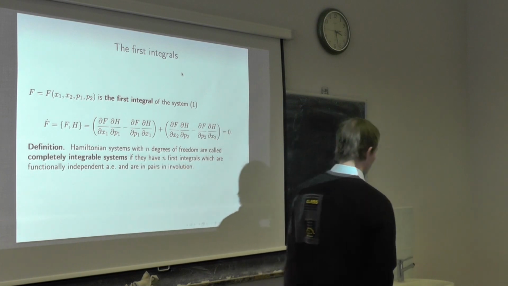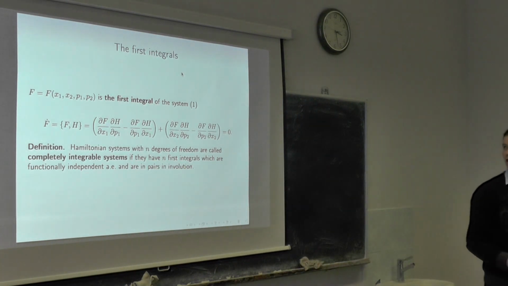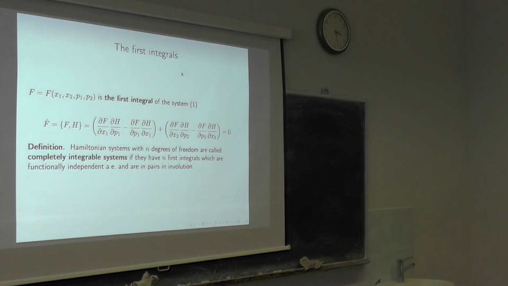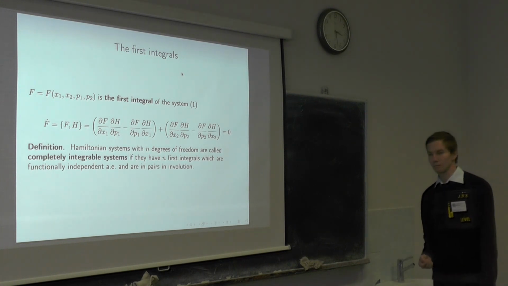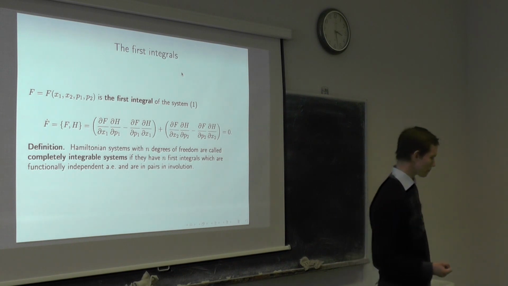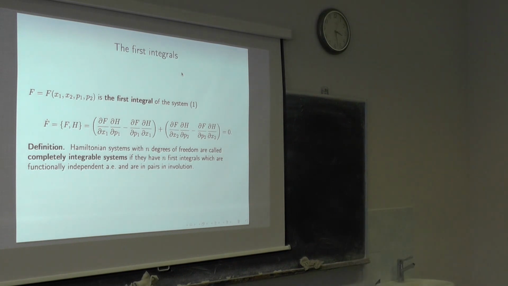Let me remind you some definitions. An arbitrary function f on the cotangent bundle is called the first integral of the system if it is conserved along trajectories of our system. And the key definition here is the following one.